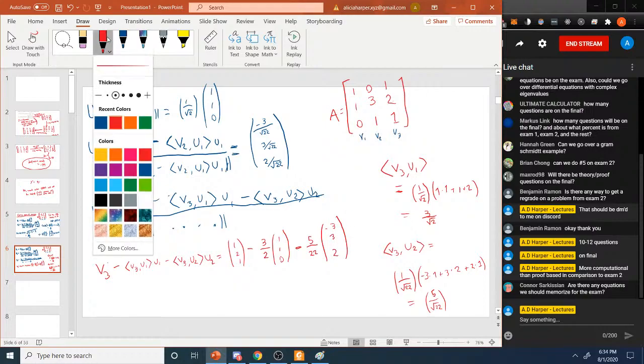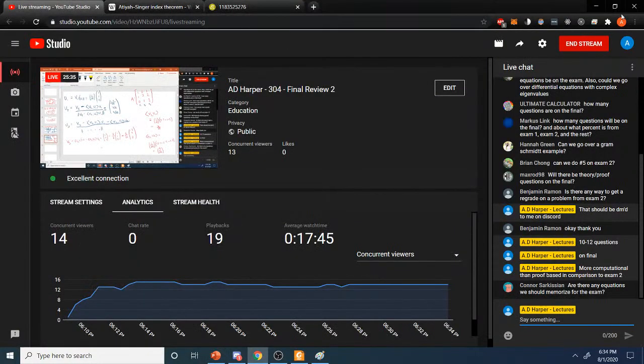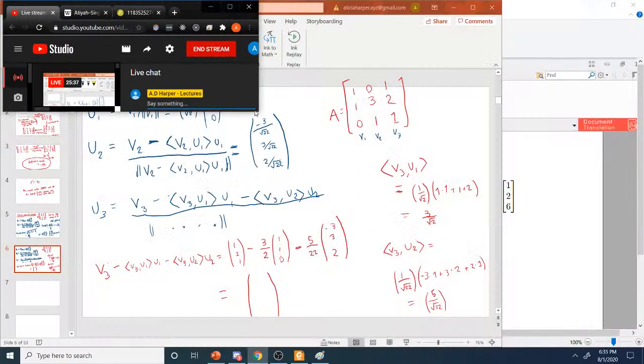And so now we have to do a bit of calculating to fill in this vector. So at this point, I'm going to resort to using Wolfram Alpha.